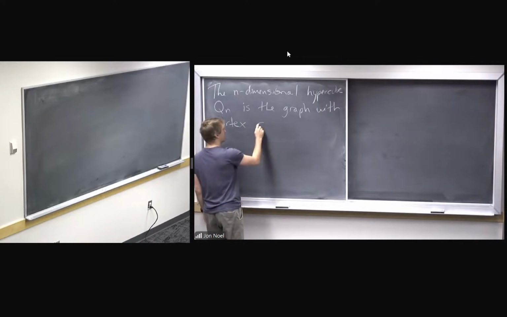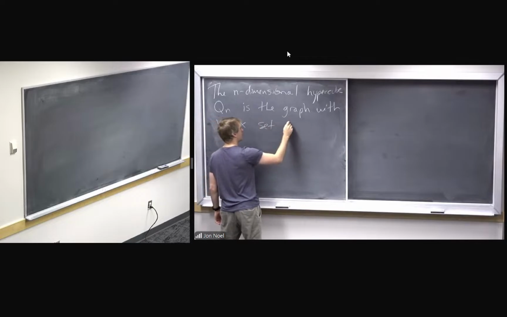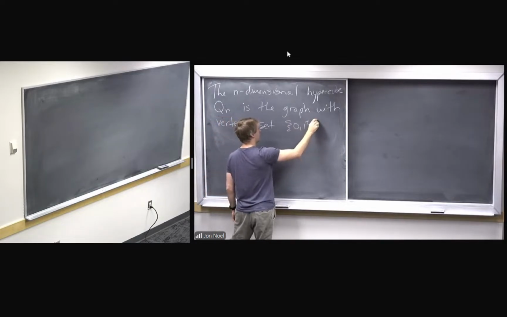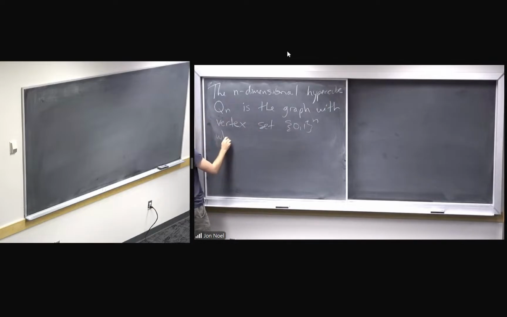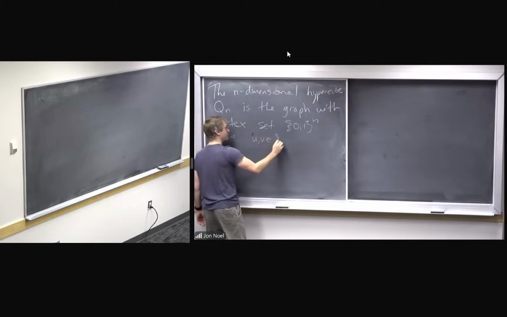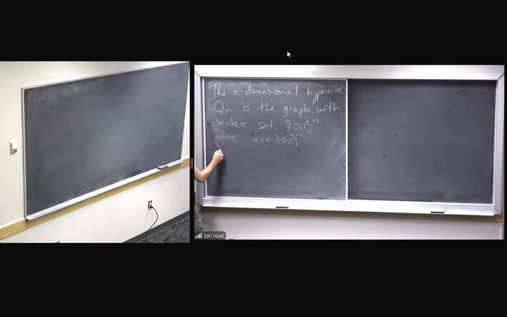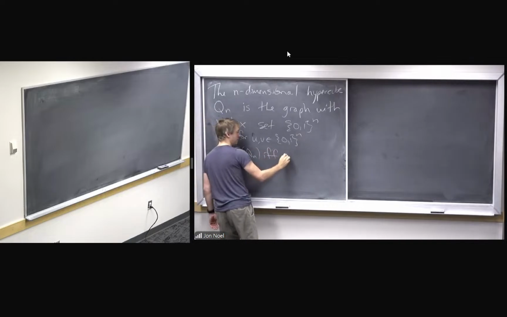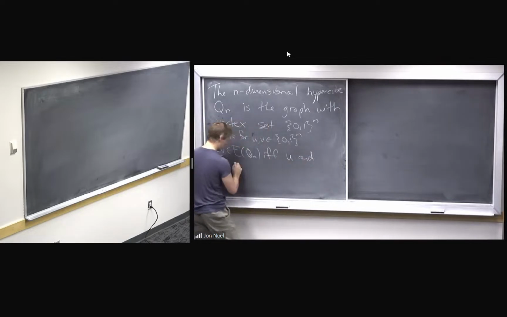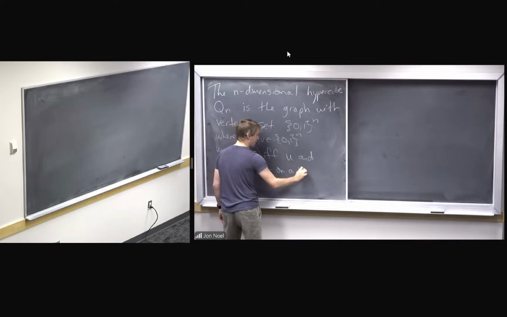Anyway, the vertex set {0, 1}^n, where if I've got u, v in the vertex set, so uv is an edge of Qn if and only if u and v differ on a unique coordinate.